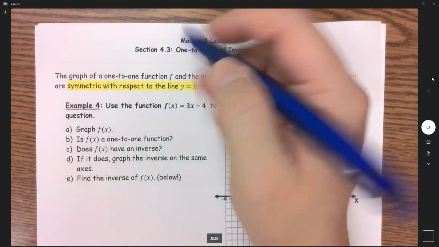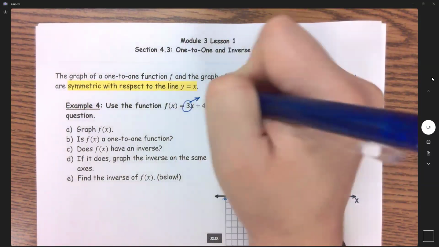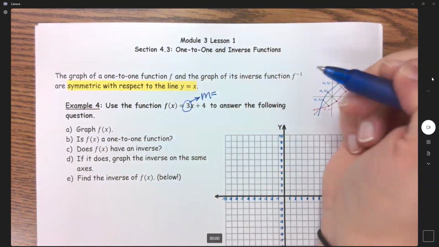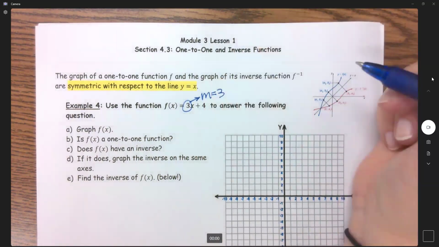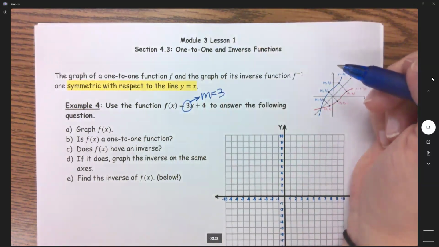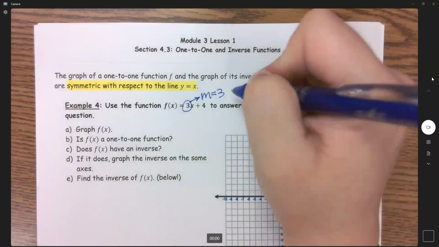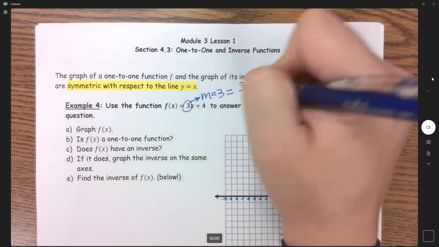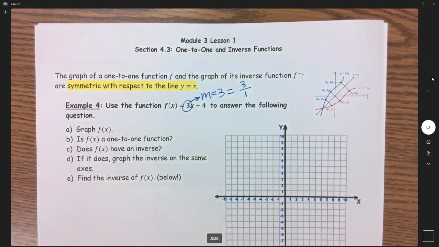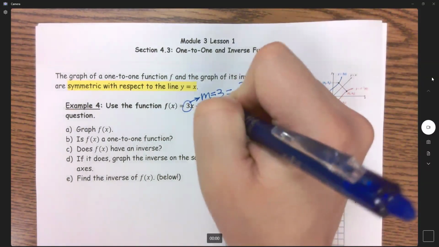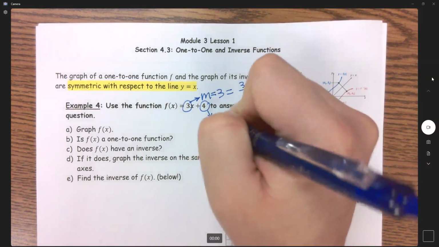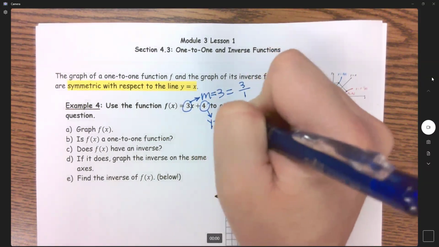So this 3 represents my slope. And so my slope here is 3. Now, because I'm going to be graphing this, I need a rise over run. And so we'll turn this into 3 over 1. And then this 4 right here is my b, and that represents my y-intercept.